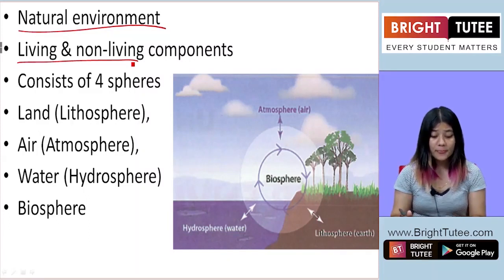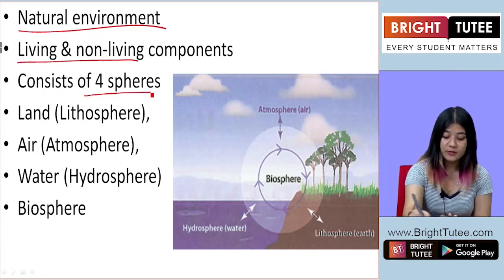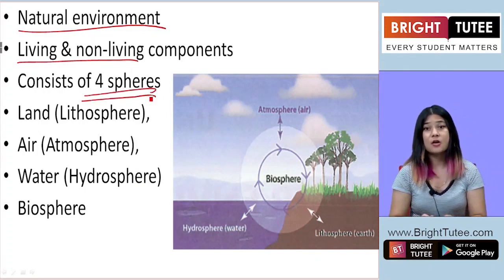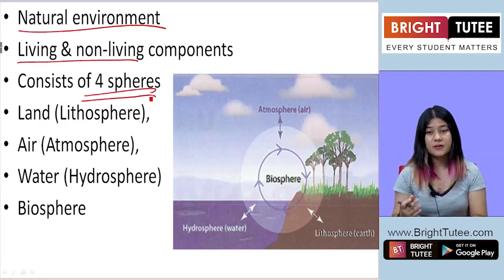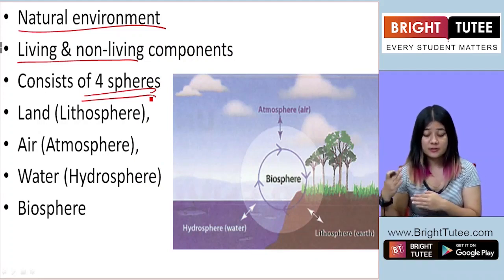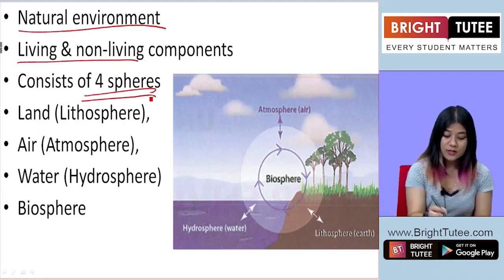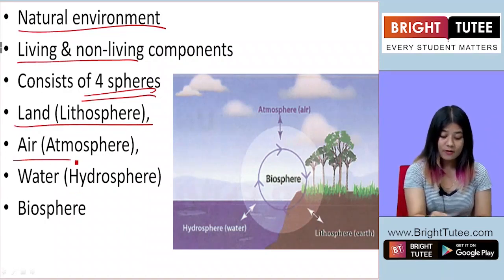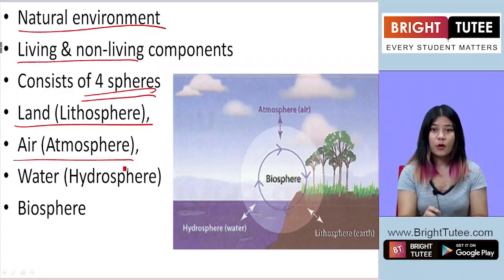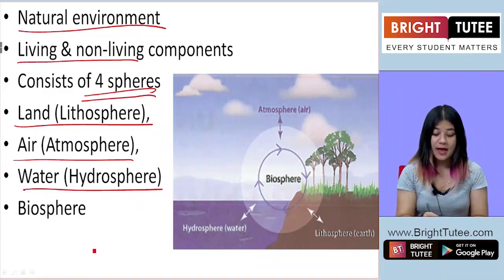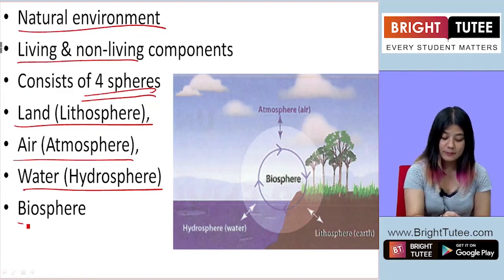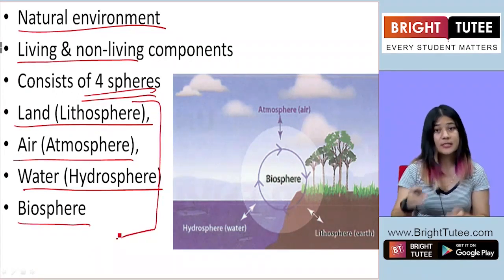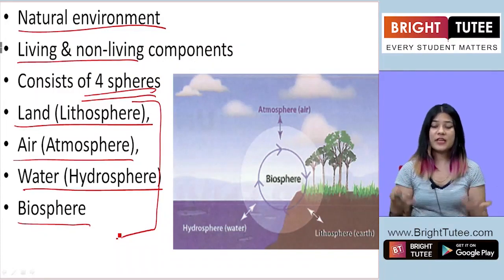Okay. Now the environment has 4 spheres. The environment consists of 4 different spheres or divisions. The first one is called land or lithosphere, second air or atmosphere, third water or hydrosphere, and the last or 4th is biosphere. Alright, so these are 4 important spheres or divisions of the environment.